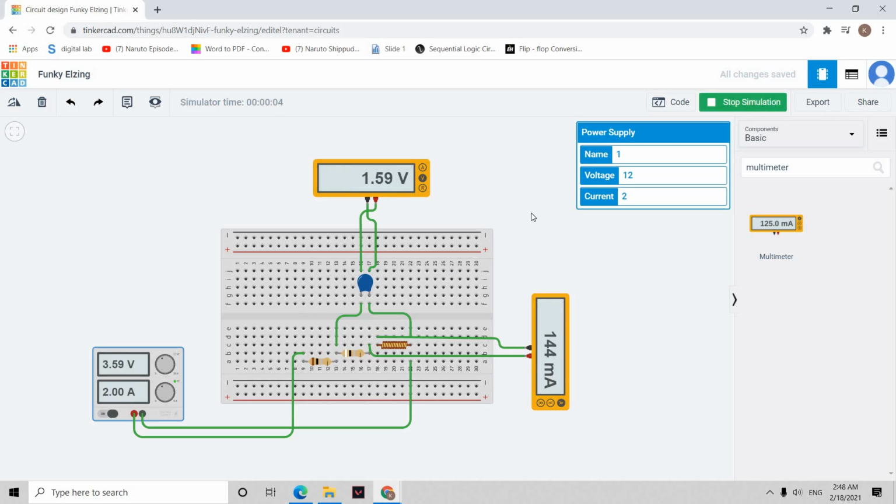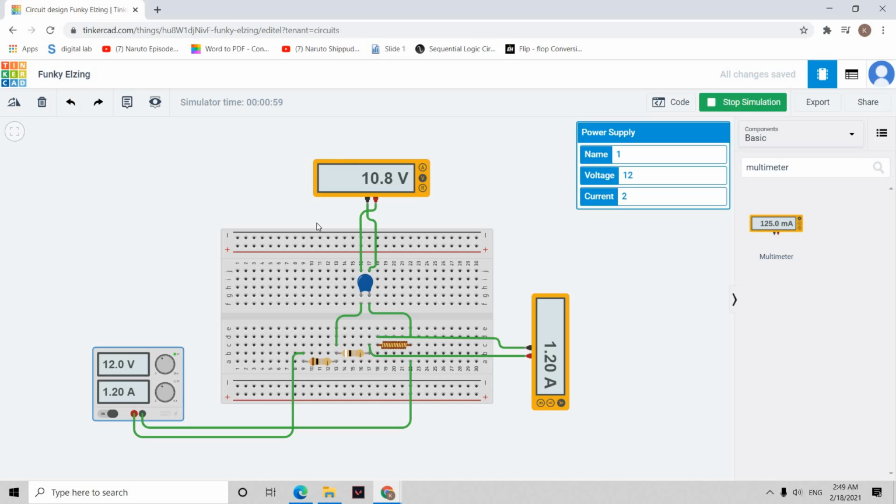As you can see, the voltage has reached our 12 volt, and the current is now 1.21 ampere.